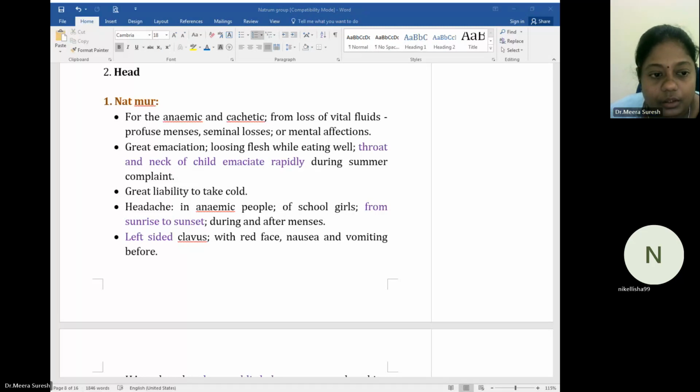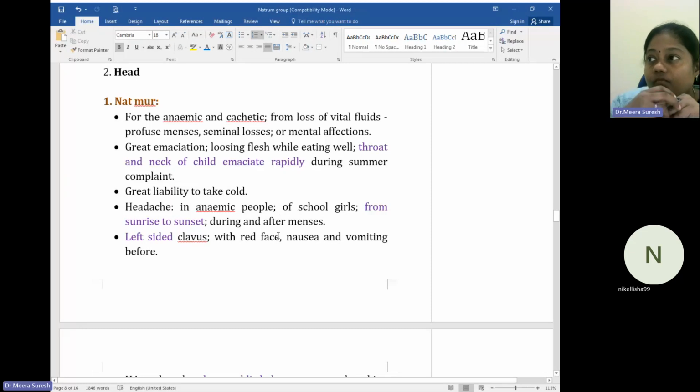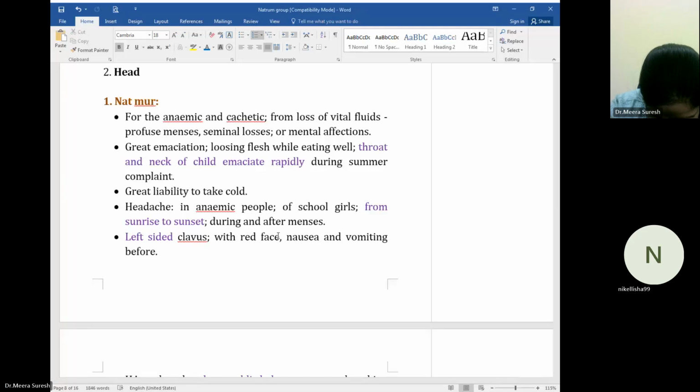The clavus is something like a very pointed type. So what do we say in this remedy? Like a nail.